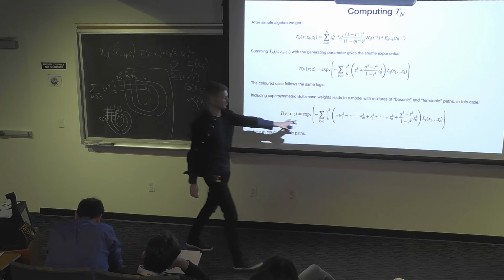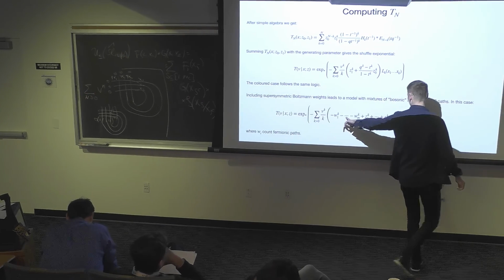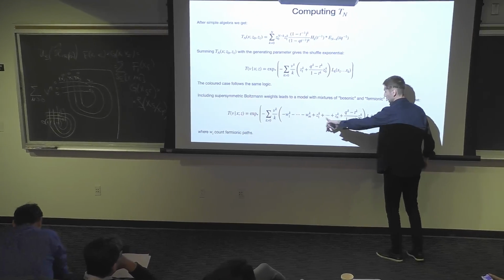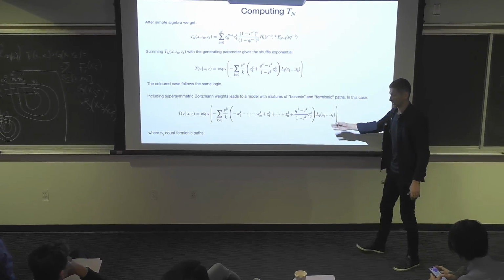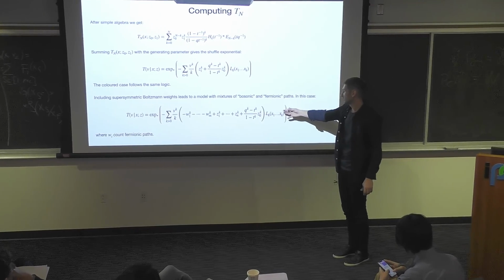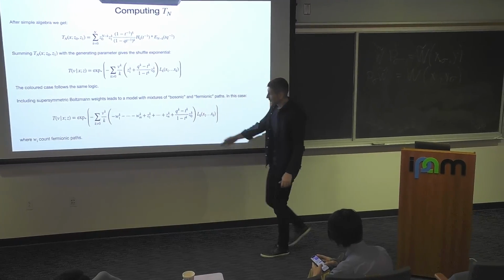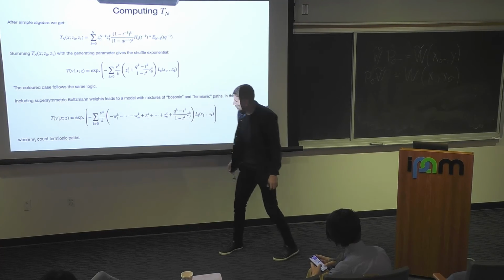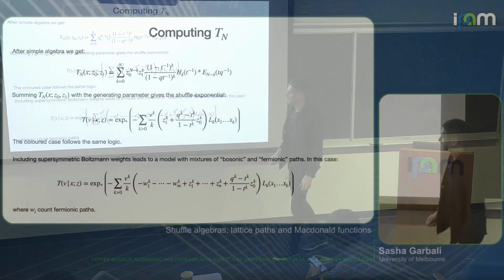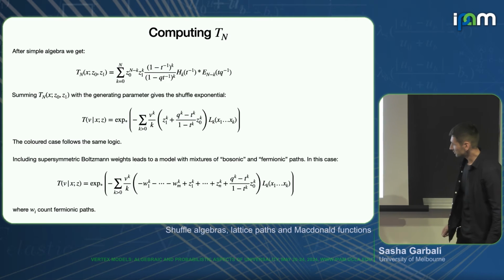And we associate fermionic paths with the W arguments and bosonic paths with the Z arguments, and we will get this formula. The way you calculate this is very similar to what I showed you before. So we have this kind of generating function for these conic partition functions.